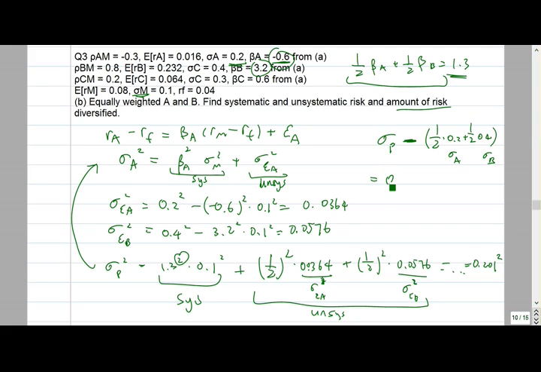So the whole thing becomes 0.3 minus 0.201, without diversification minus with diversification, so they should be flipped. The resulting thing is 0.099.